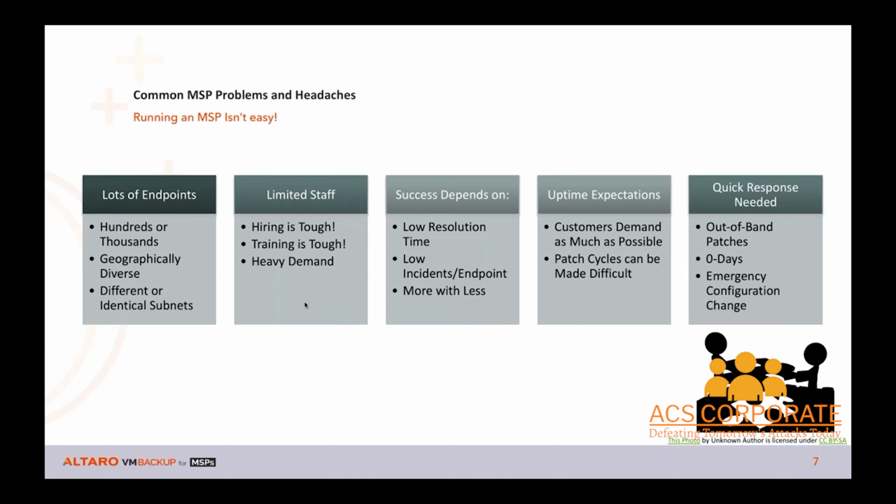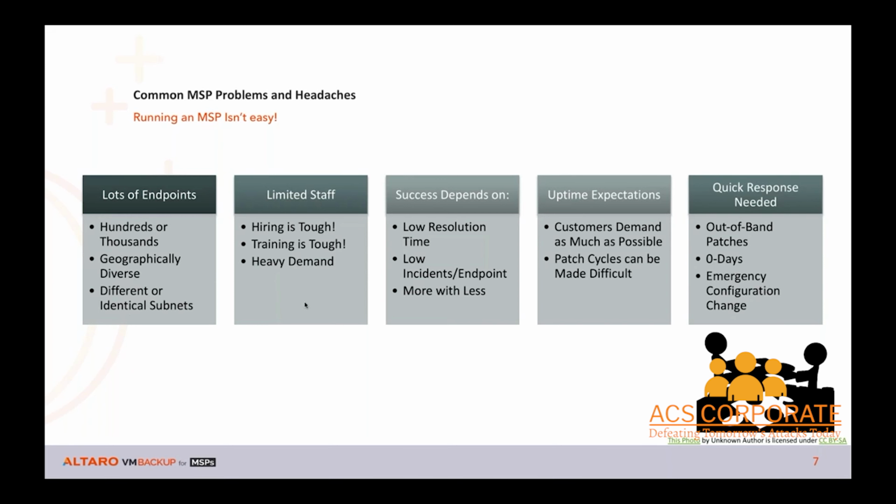And to complicate that even further, it's a geographically dispersed deployment, right? I mean, you're managing all these different endpoints, and you've got some over here, you've got some on this side of the country, you might have others completely in a different country. That provides a lot of different challenges, right?